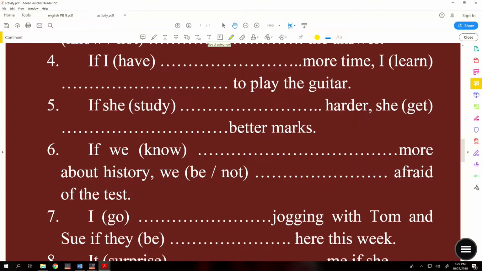If I had more time, I would learn to play the guitar. I would learn to play the guitar.